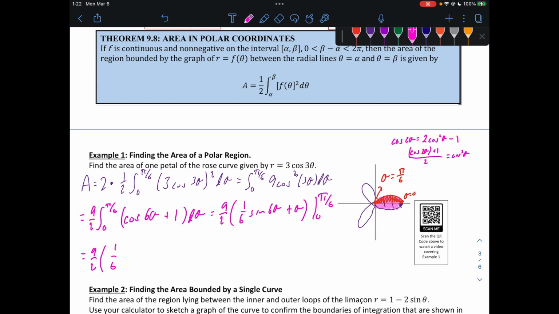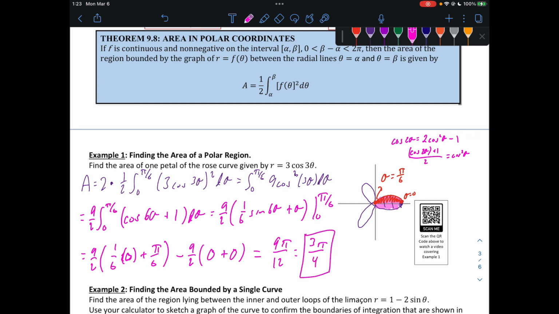Sine of pi is 0, plus pi over 6, minus 9/2. Put 0 in there, so sine of 0 is 0, plus 0. So we end up with 9/2 times pi over 6, which is 9 pi over 12, or 3 pi over 4.